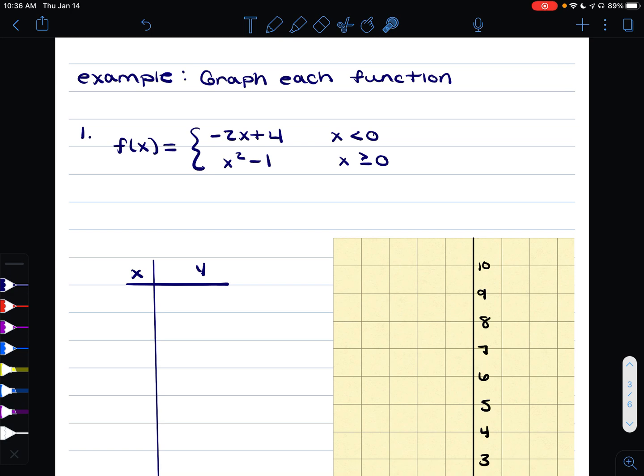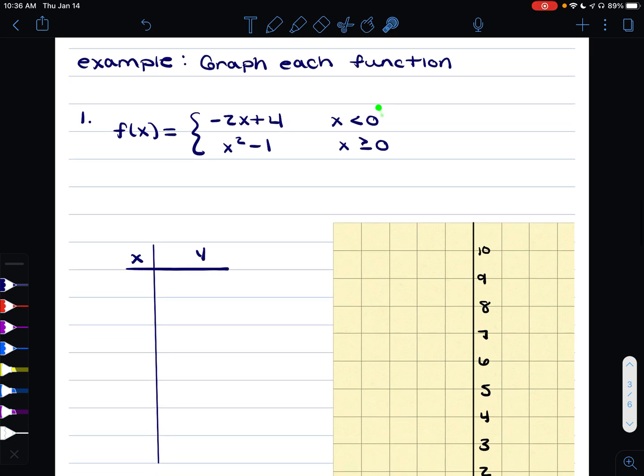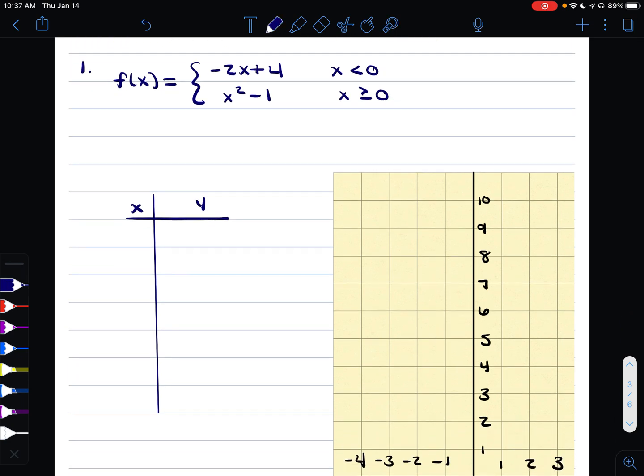Now here's kind of the trick to graphing piecewise functions. Wherever you have the switch between one equation and the next, in this case, our function switches between the top equation and the bottom equation at x equals 0. I want to put that x value in the middle of my table, and I want to make sure to choose a few values on either side of it because I need at least a few points with either equation to get a good idea of what this function looks like.